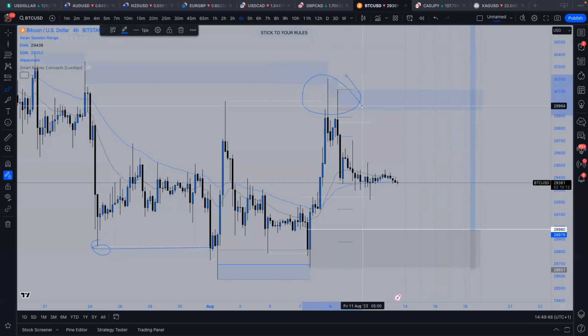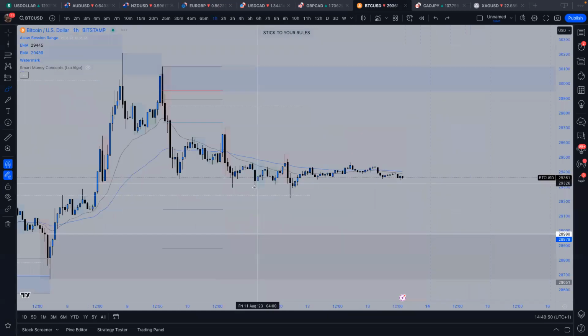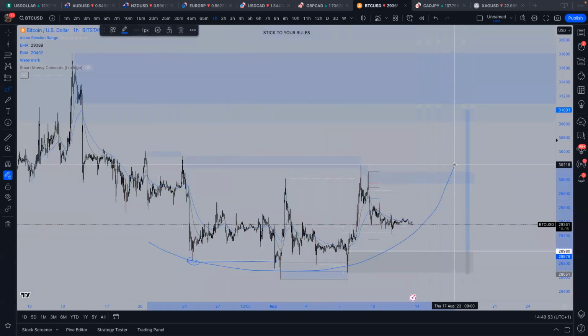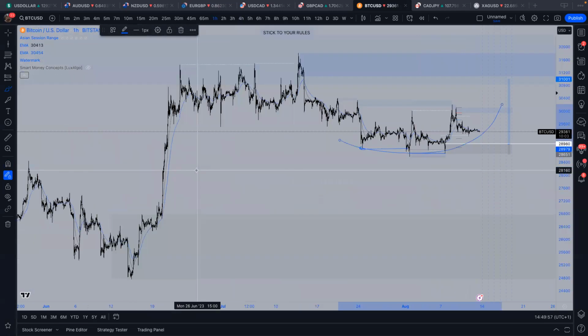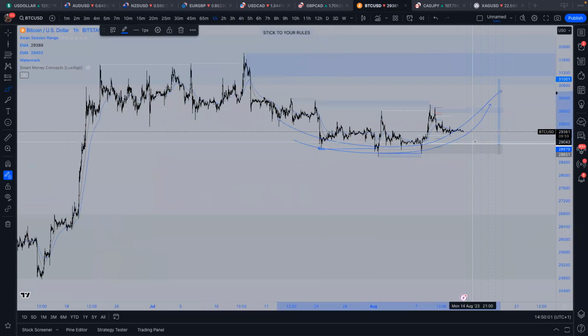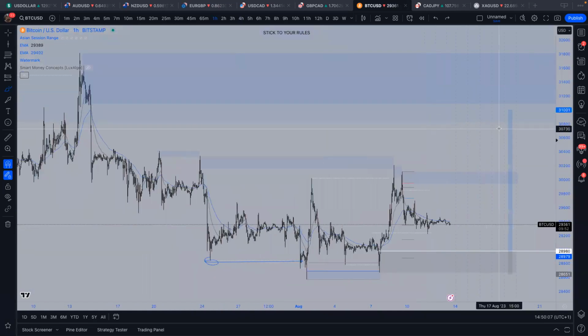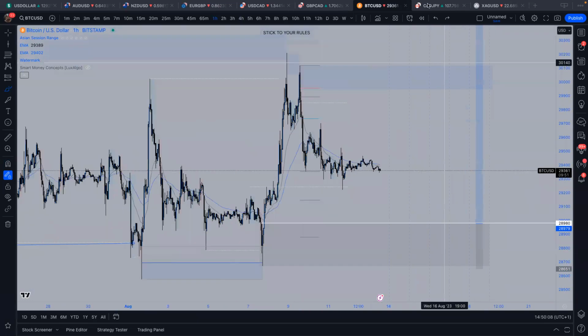That is for me more of just a raid. But just because of the way price is moving with more of the momentum and the halt, I do think we are accumulating to then come down and have a little bit more of a run, at least into 31 flat. That's going to be my major hold zone that I'm going to be looking for.